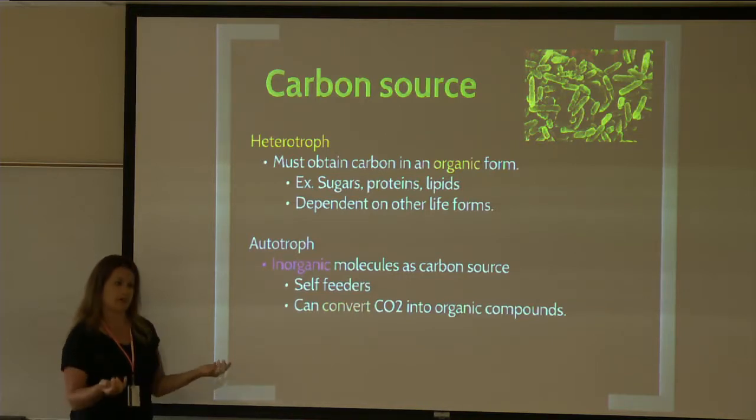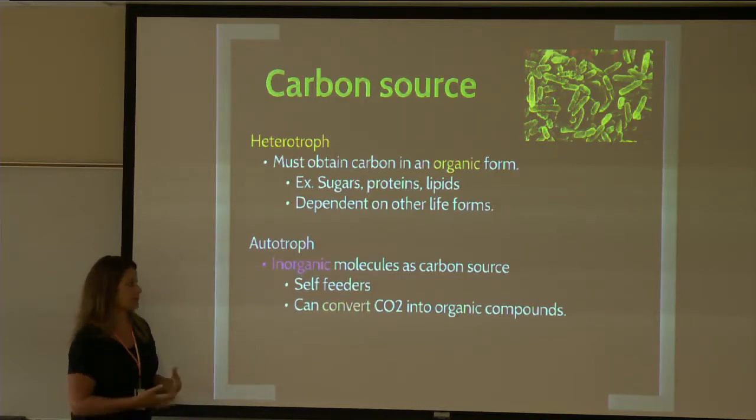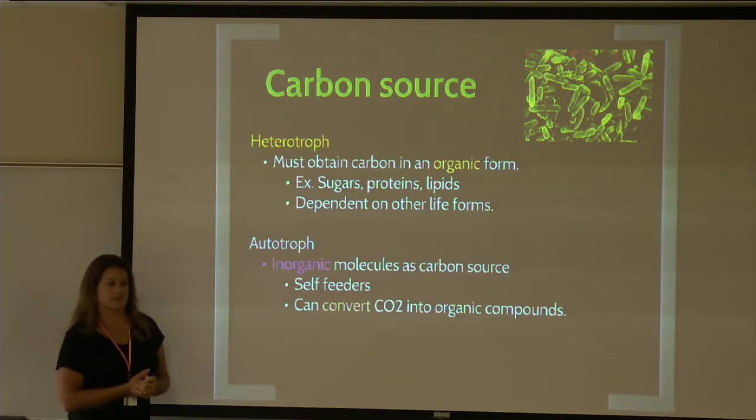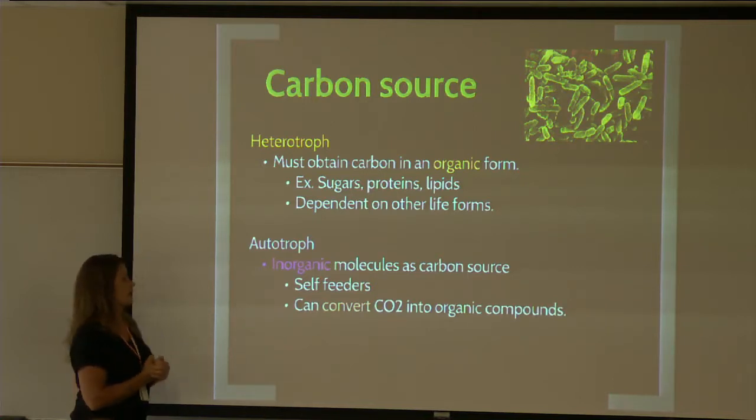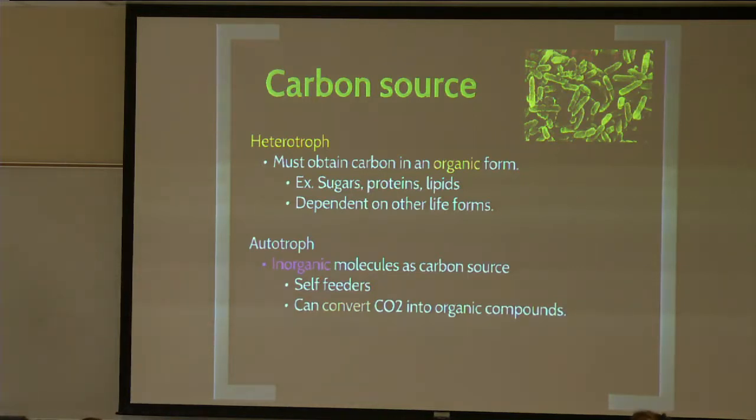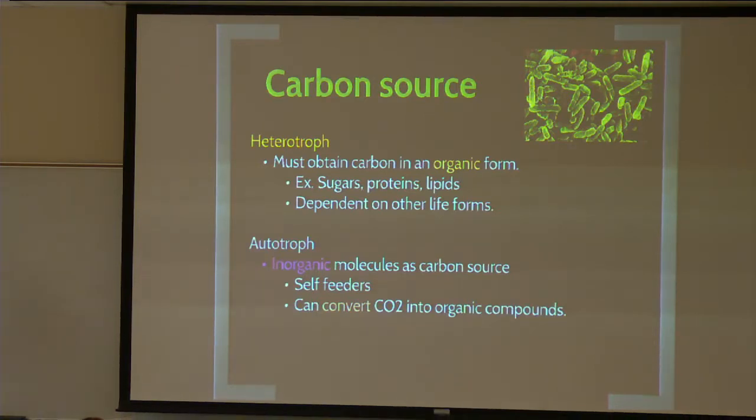We require organic forms of carbon for our nutrition, but autotrophs utilize CO2 in the environment and then produce something organic from it. So what I would like to do right now is raise the screen and write out a couple of things up here for you.